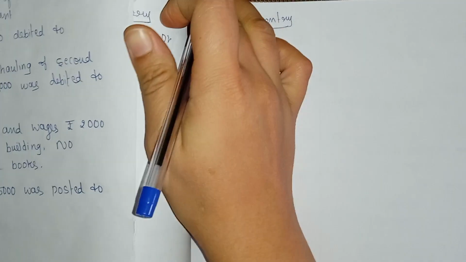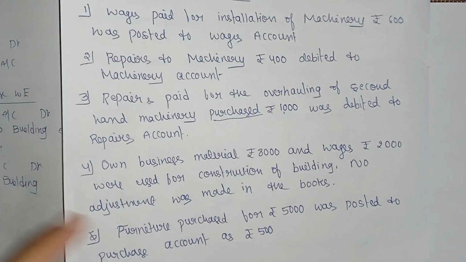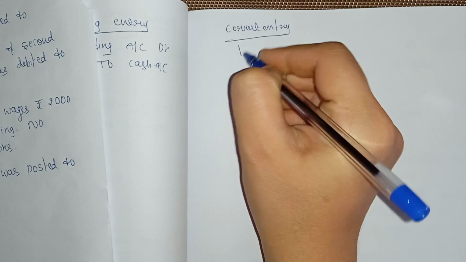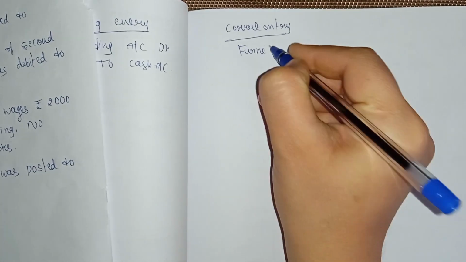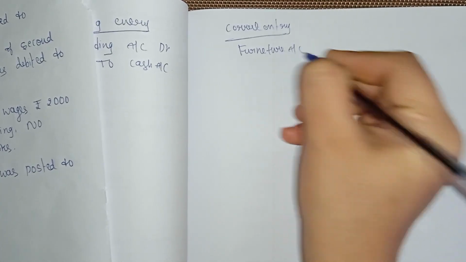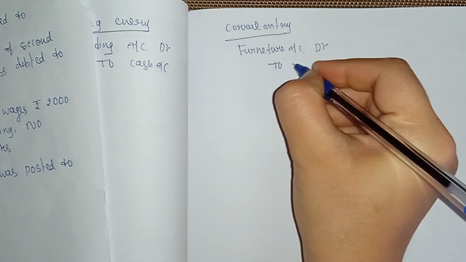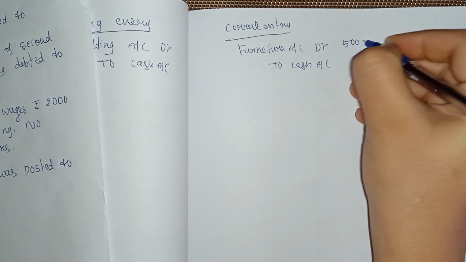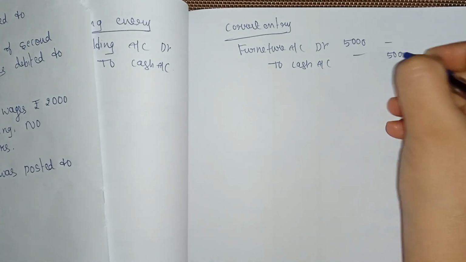Correct entry is furniture account debtor to cash account, rupees 5,000.